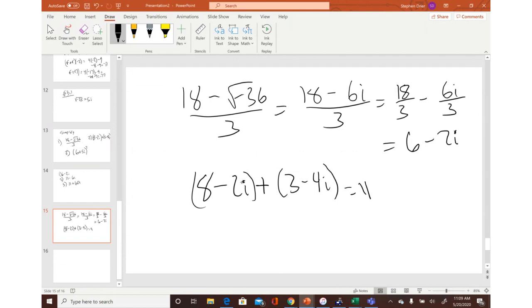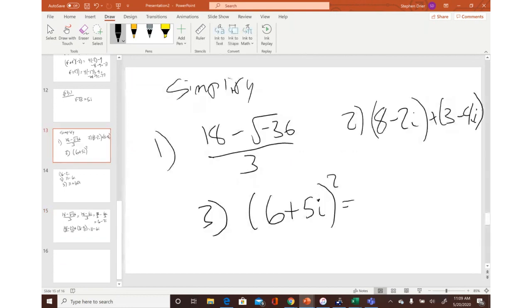Minus 2 minus 4 is minus 6i. That's just combining like terms. It essentially is what we're doing. Now, the last one is when it's a little more complicated.